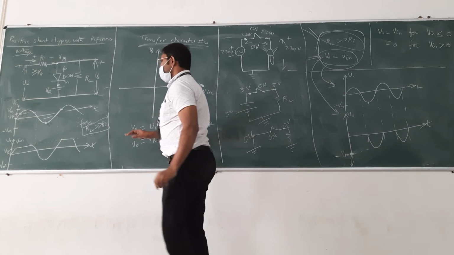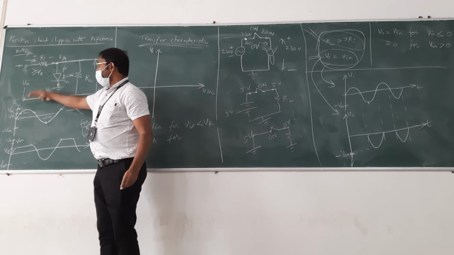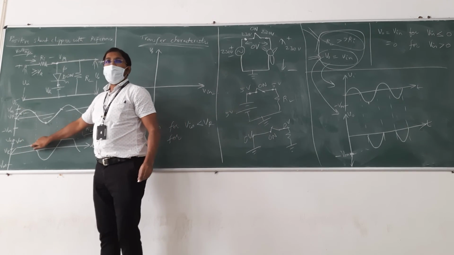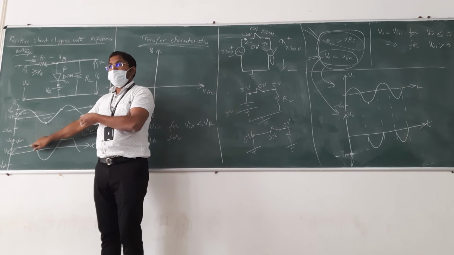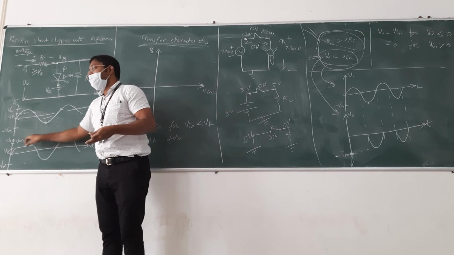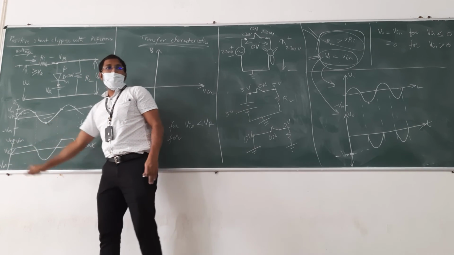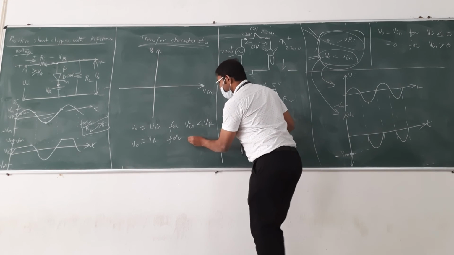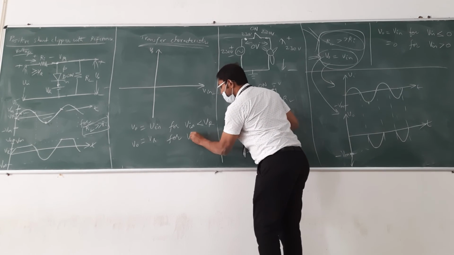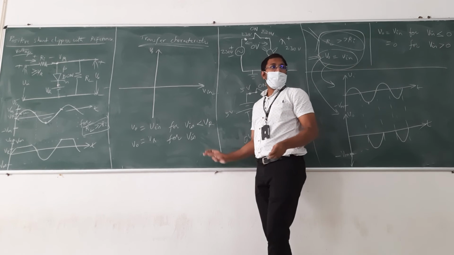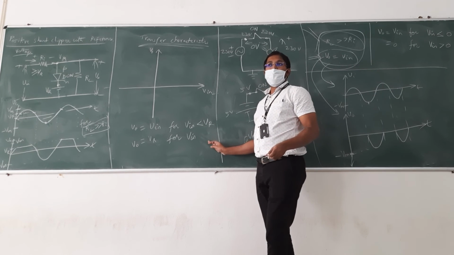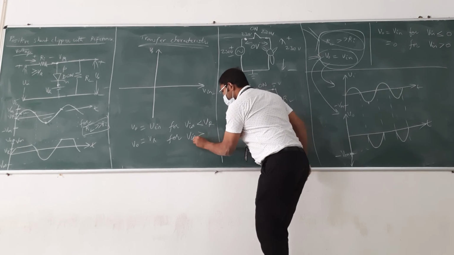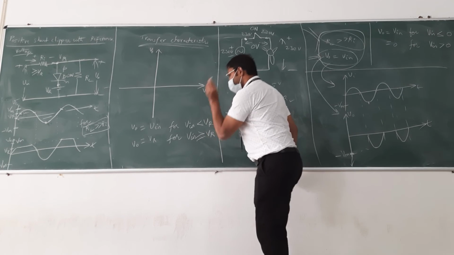Next, when input becomes greater than Vr, the output is clipped, or the output remains at Vr. So what should I write here for Vin? Greater than or equal to Vr.